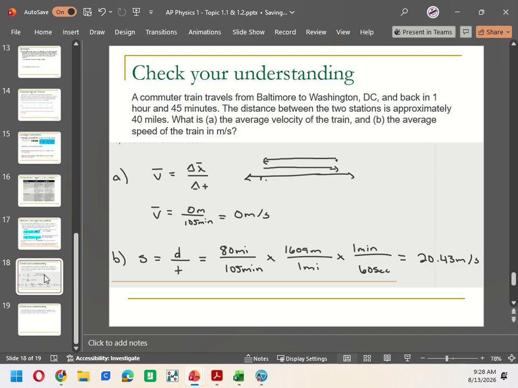All right, this one is a little bit more interesting because this one is not as straightforward as the last one was.